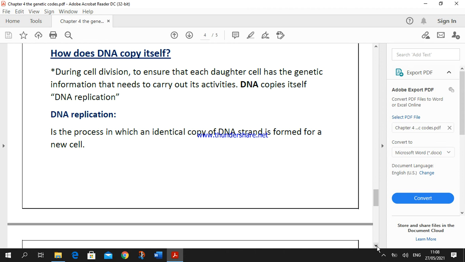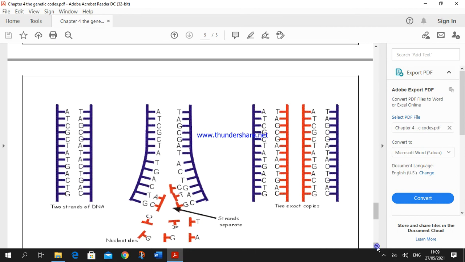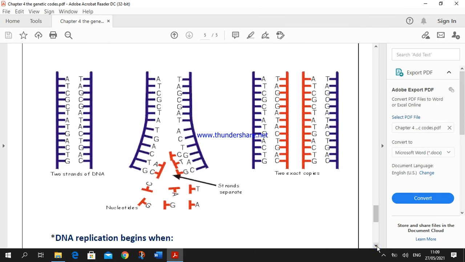DNA replication is the process in which an identical copy of the DNA strand is formed for a new daughter cell. Look at the figure to follow the steps of DNA replication.